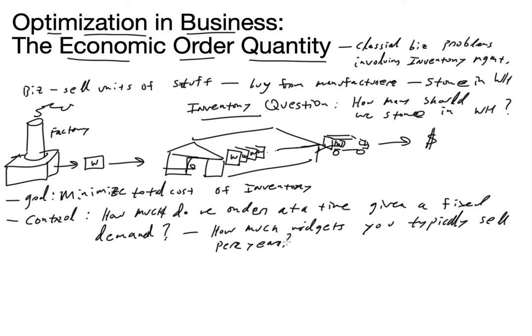But we'll just say per year. Okay, so let's say we have a good understanding of how much we're selling, but we want to know how much we want to keep in our warehouse on hand all the time. Of course, once the warehouse gets pretty empty, we're going to go make another order to the factory.